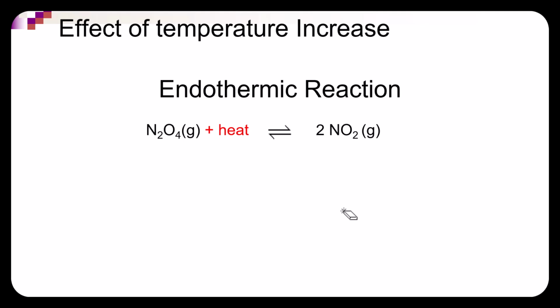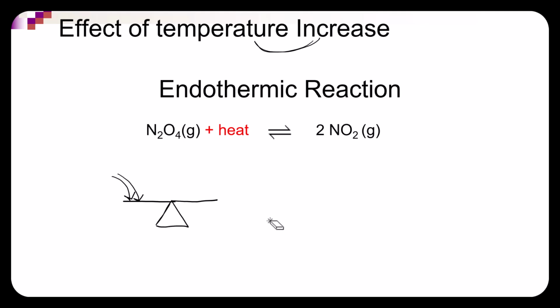All right, still an endothermic reaction. Heat is still a reactant, but now we are going to increase the temperature. So here we are at equilibrium. Temperature increase is like adding a reactant. So increase the heat, and it's going to add more to the reactant side.